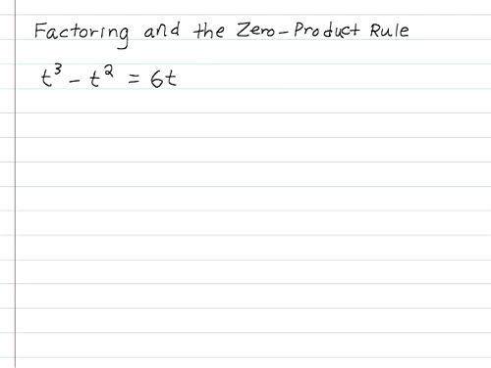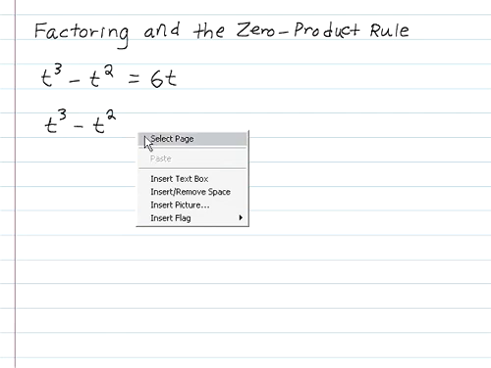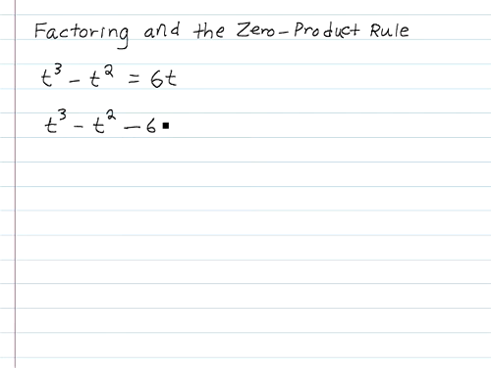So the best thing to do is to rearrange the equation until everything is on one side, usually the left side, and all of that is set equal to 0. So I'm going to do that by just subtracting 6 times t from both sides. So now it's all equal to 0.